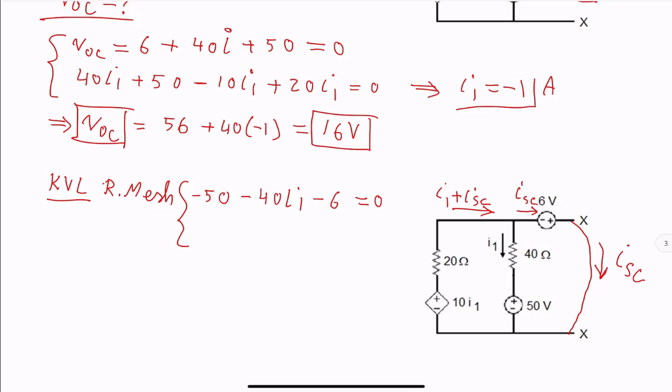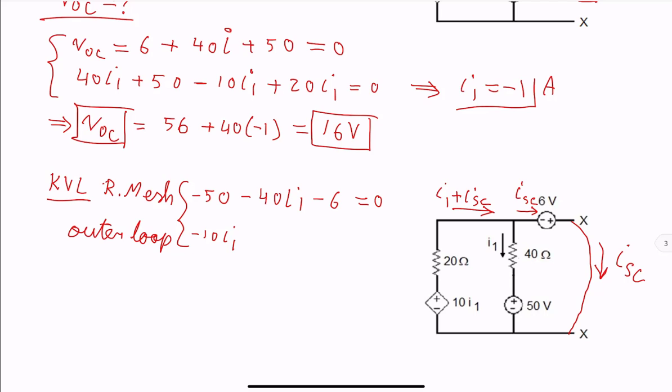Apply Kirchhoff's voltage law to the outer loop, starting at the lower left corner, first term is negative 10 I1.